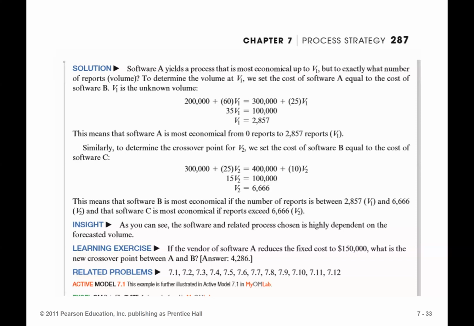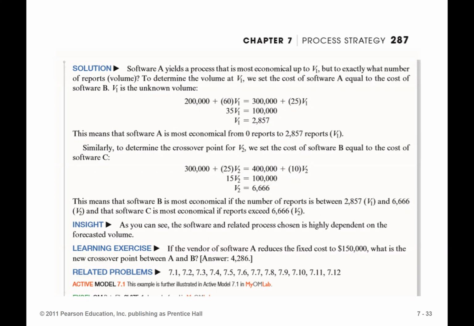You want to know up to what point you would keep software A. It's the crossover point. What volume do you cross over to software B? So to determine the volume V1, because that's a crossover point, both of them will have the same cost at that point.